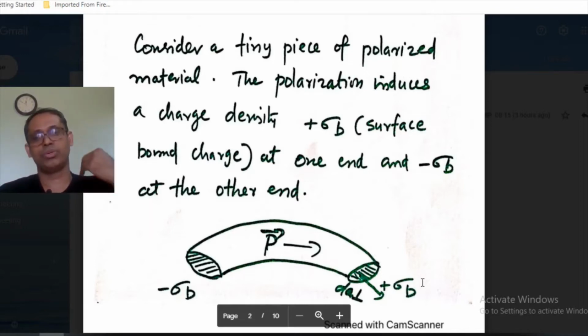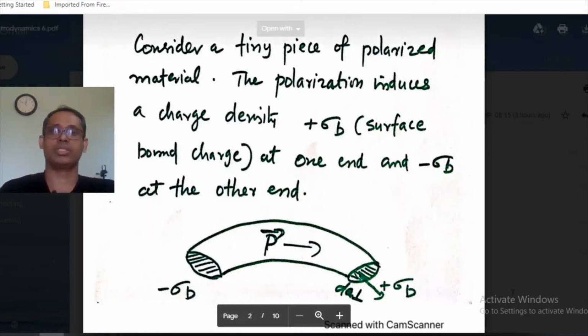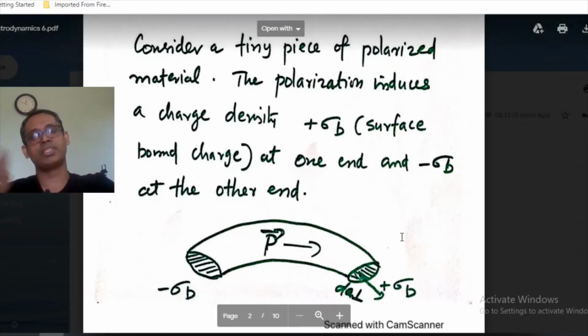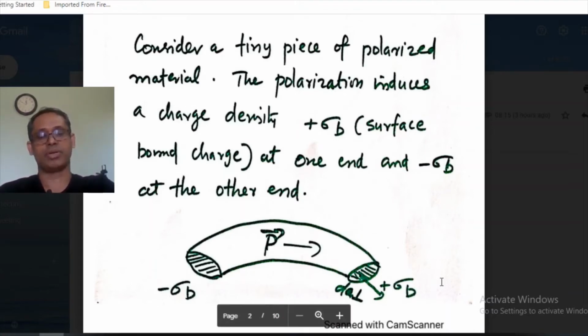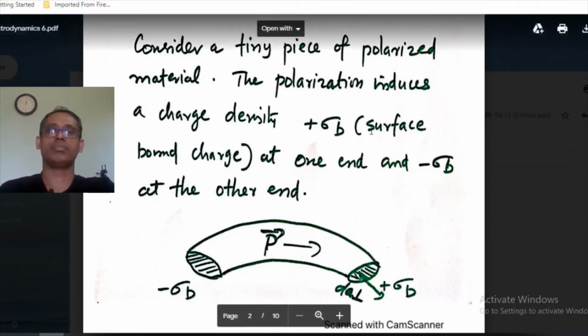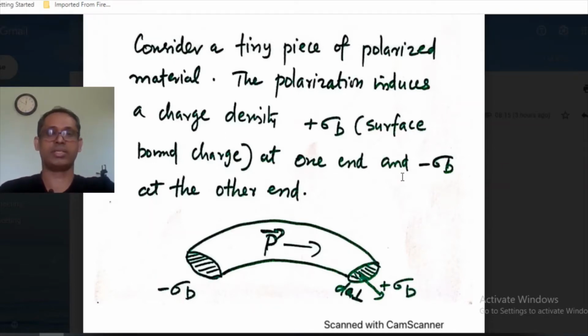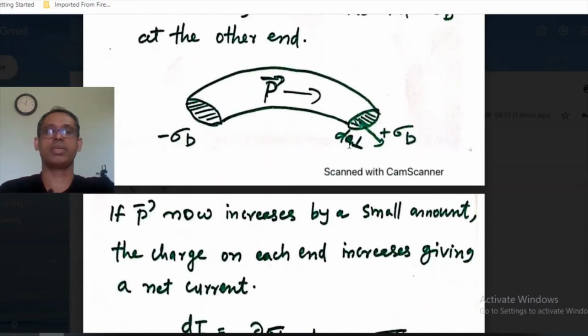So sigma b at one end is the surface bound charge density, and on the other end we have the opposite. It is charge per unit area. So if we say surface charge, then it is surface charge per unit area.